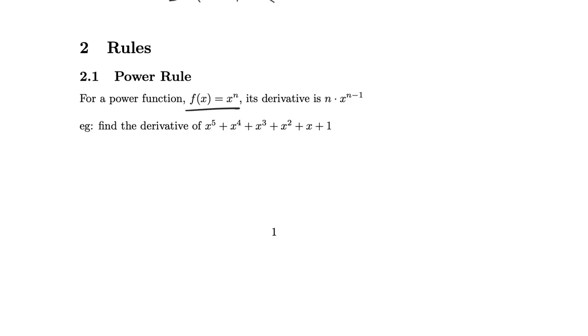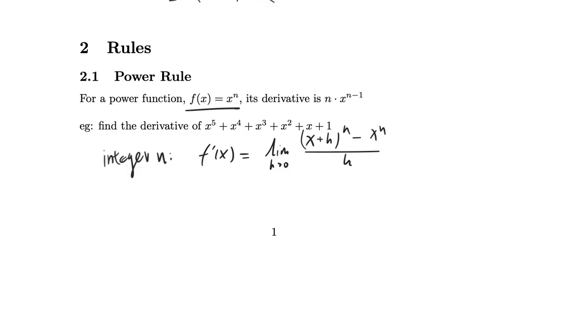And the way we're going to show this is, we're first going to show this for integer n. So let's say n is an integer, and we want to find f prime of x. And this is just going to be equal to the limit as h approaches 0 of, I'm going to skip writing x out, so we're going to do x plus h to the nth minus x to the n over h.